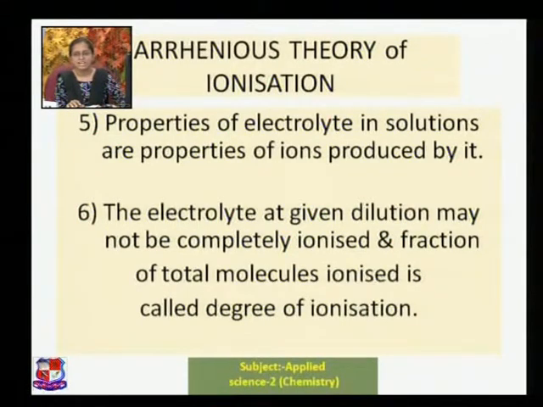The properties of whatever electrolyte you choose are the properties of the ions produced by it. It means the ions produced will determine the property of the electrolyte in the solution.